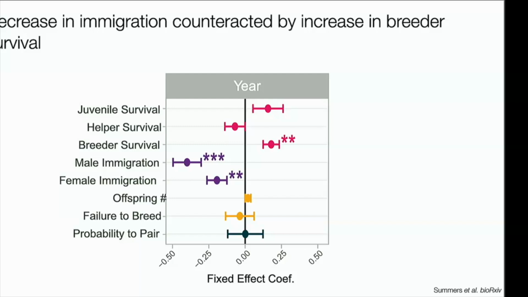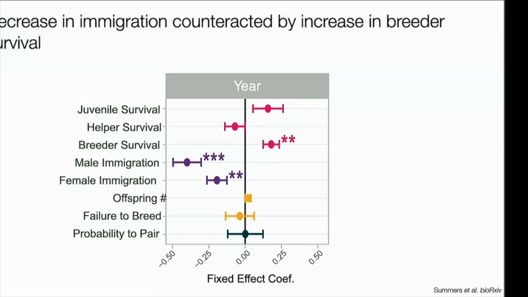And so this remarkable stability in our population, despite decreasing immigration, increasing inbreeding, and decreasing juvenile fitness, is totally being counteracted by this coinciding increase in breeder survival. Why breeder survival is increasing, we're not entirely sure. Part of it has to do with density dependence, but we're looking into other factors. But this is a nice, really careful test of what is governing population dynamics in our population.